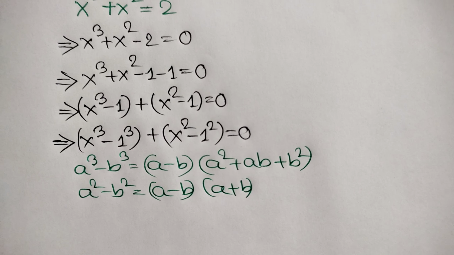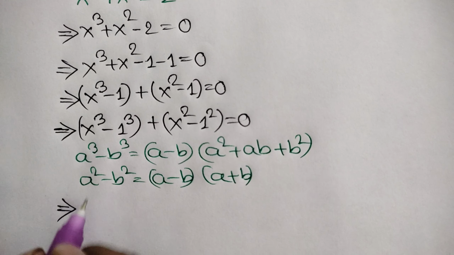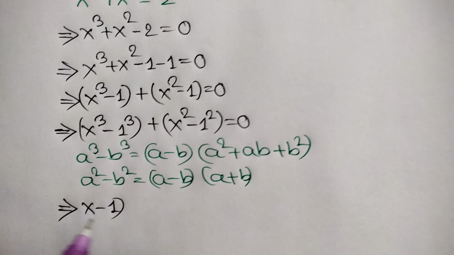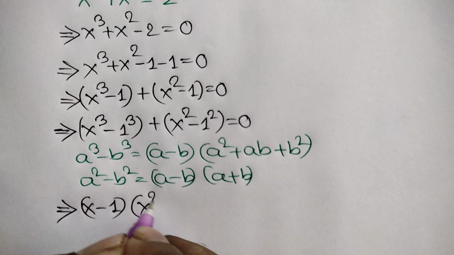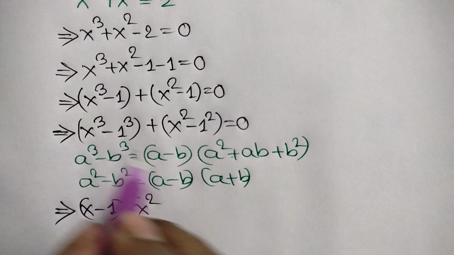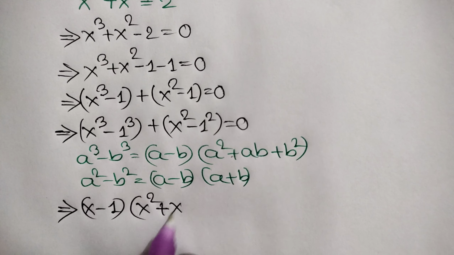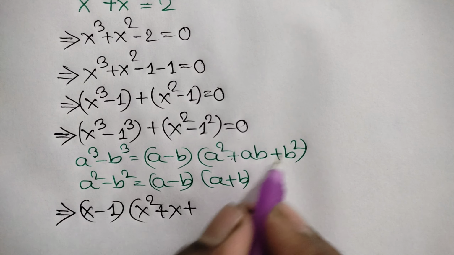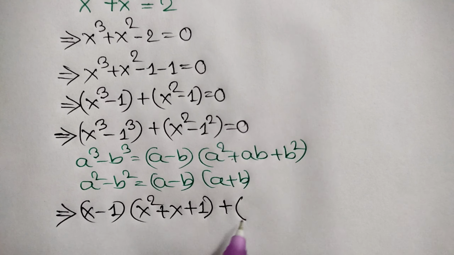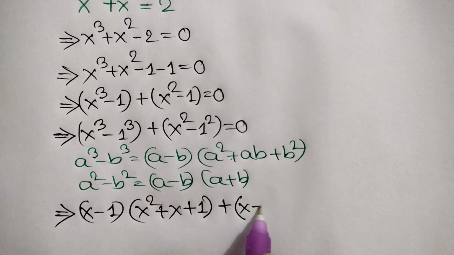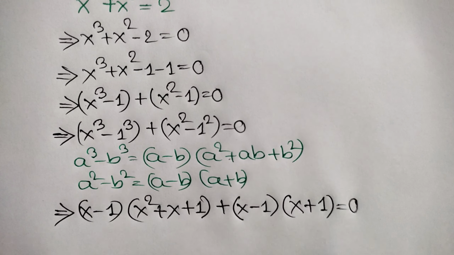Now applying these two formulas, we can write x minus 1 times x square, that means a square, plus ab, that means x times 1 is x, plus b square, that means 1 square is 1, plus, now here we can write x minus 1 times x plus 1 is equal to 0.